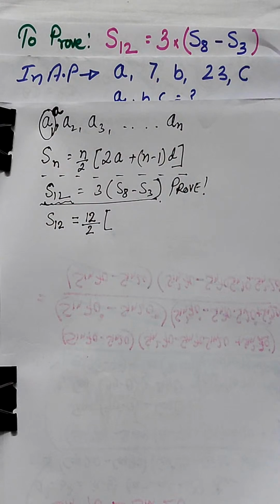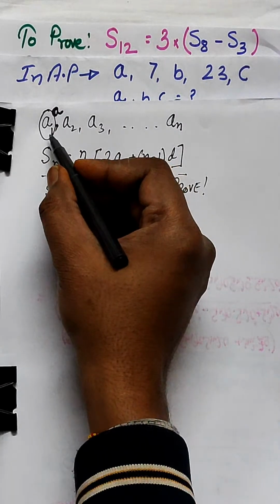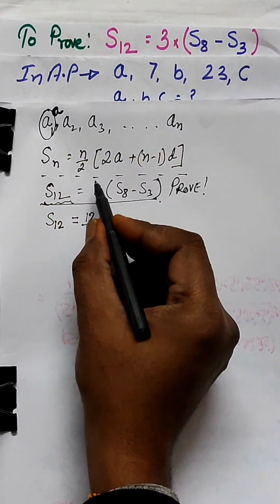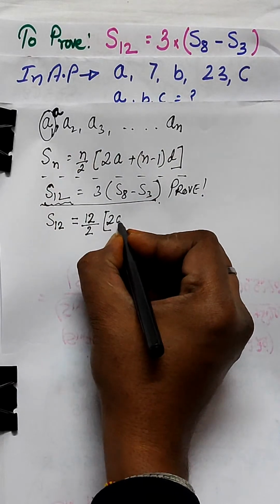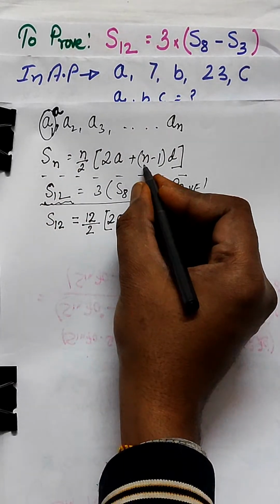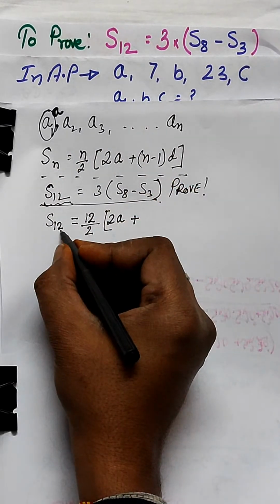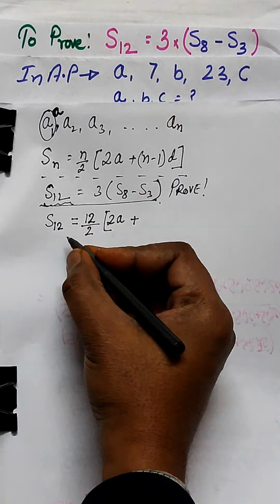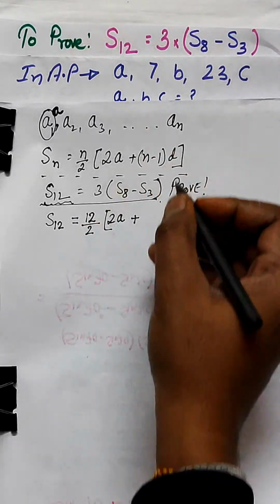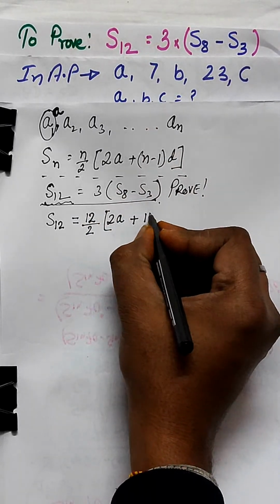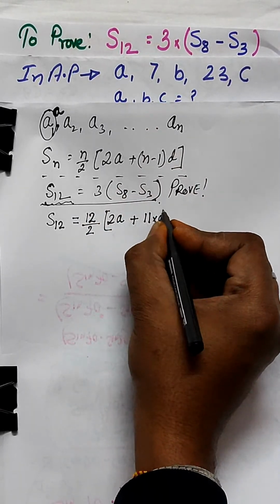I don't think there is any confusion. So it will be 2a plus (n minus 1), and n is 12, so 12 minus 1 is 11, into d.